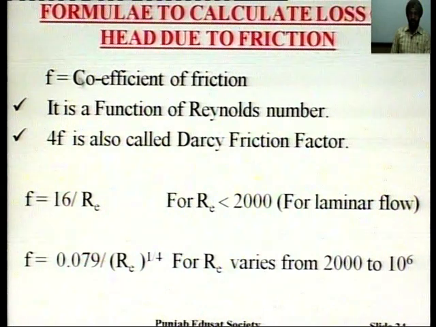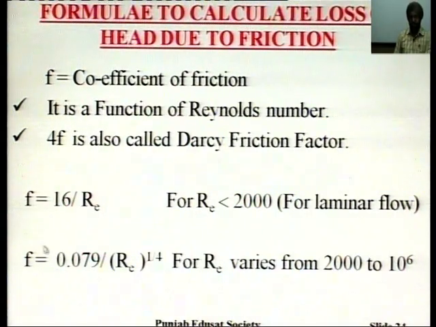Now regarding the value of this coefficient of friction, as I just told you, it is concerned with the Reynolds number. So f is equal to 16 upon Reynolds number if the flow is laminar, and f is given by 0.079 upon Reynolds number raised to 1/4 if the Reynolds number varies from 2000 to 10 lakhs, so if it is in the turbulent side or in the transitional state.